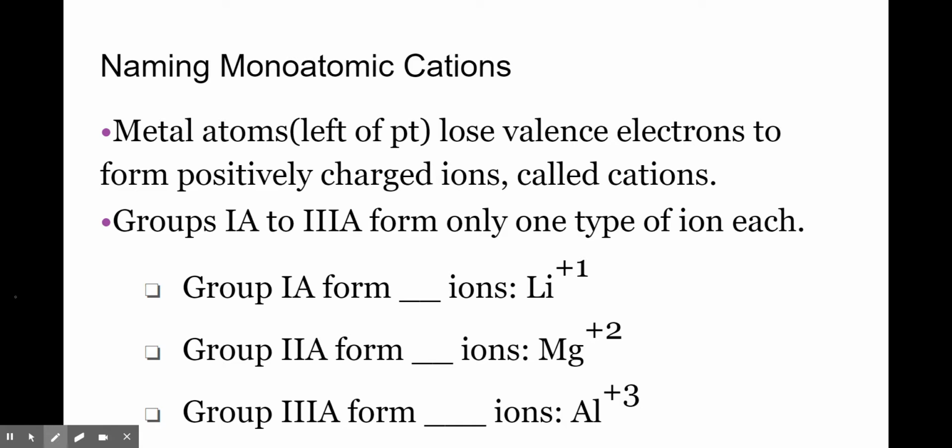Groups 1A to 3A form only one type of each ion. Group 1A is going to form a positive 1 ion. An example is lithium plus 1. Group 2A is going to form positive 2 ions. Example, Mg plus 2. Group 3A is going to form positive 3 ions. Example, aluminum plus 3.